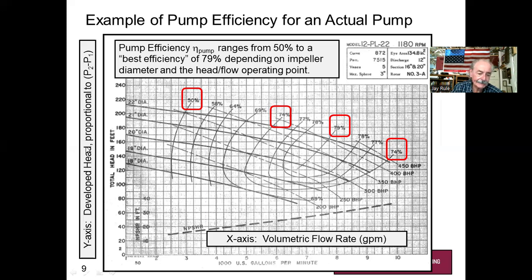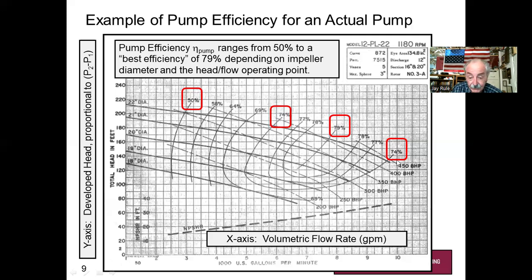The y-axis says total head in feet, but that would be the developed pressure, P2 minus P1. You can think of it as a pressure rise. Depending on where you land on your pump curve, that's going to tell you what your pump efficiency is.